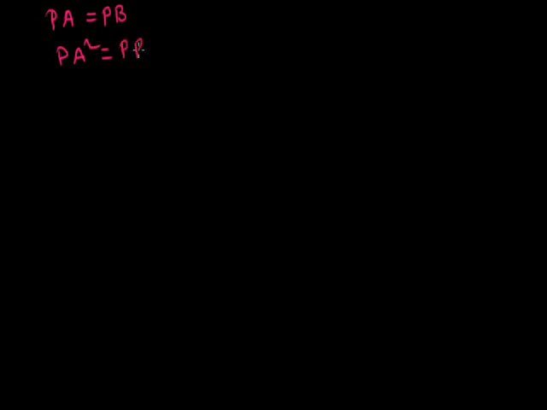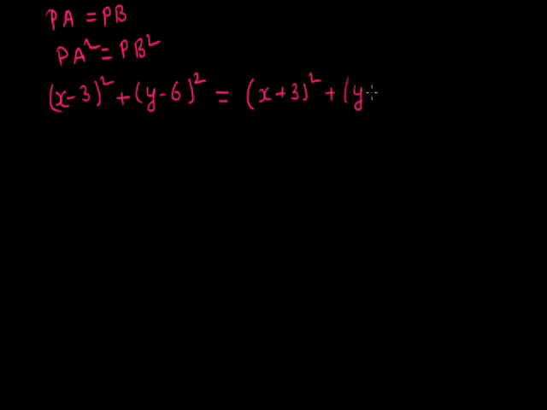If we square both the sides, then by distance formula we get (x minus 3) whole square plus (y minus 6) whole square is equal to (x plus 3) whole square plus (y minus 4) whole square.